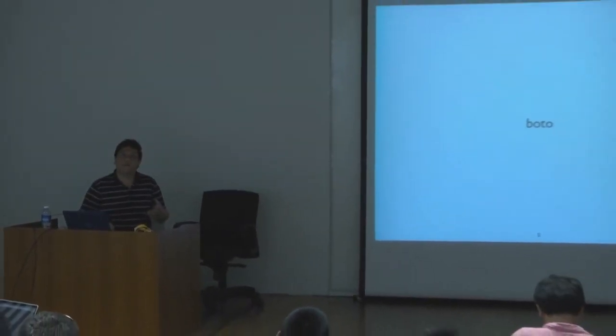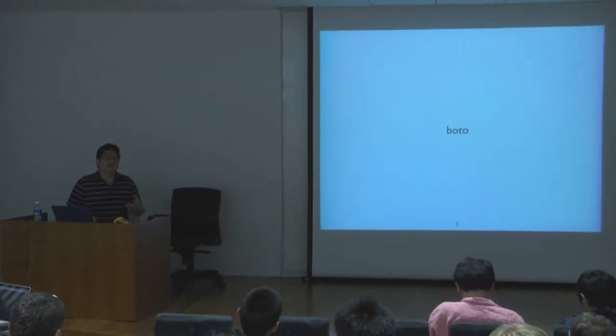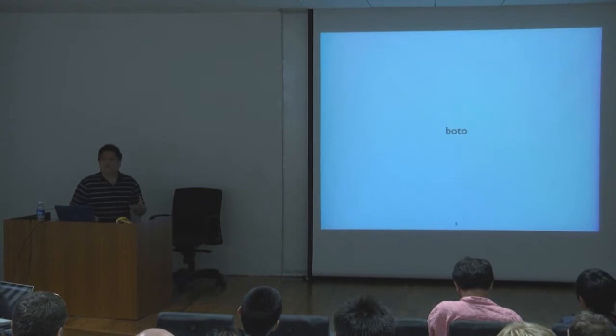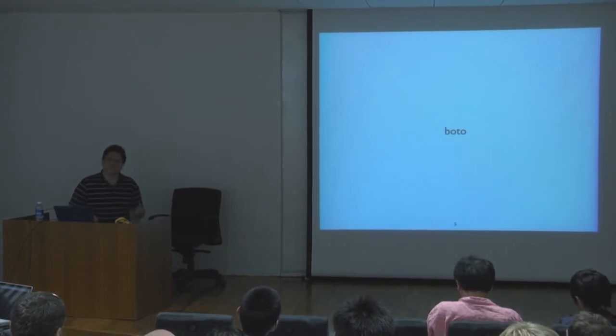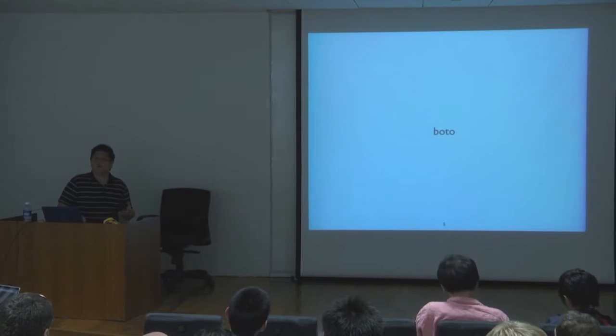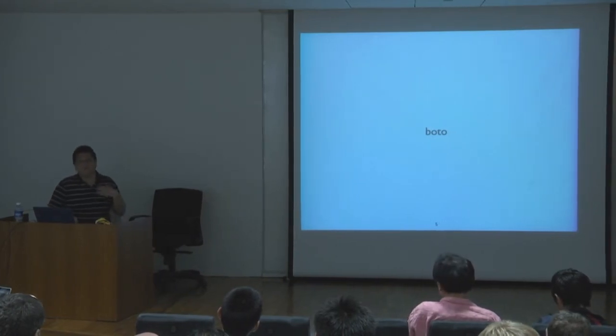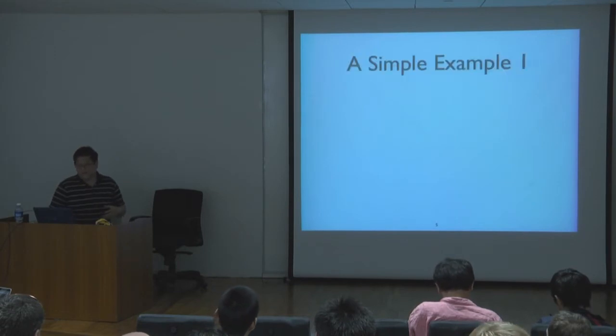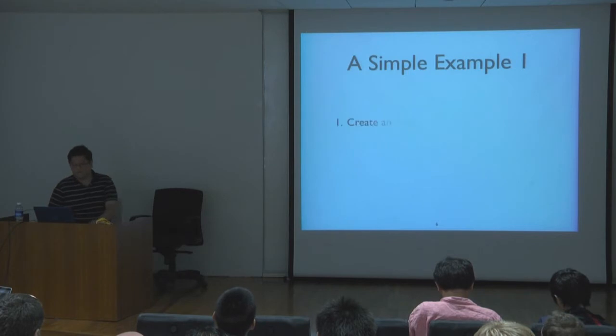So I'm going to talk about Boto because it connects to AWS. Right now, AWS has a ton of features which for me are really good to scale what we do at Revolution Analytics. And I'm going to start off with a simple example.